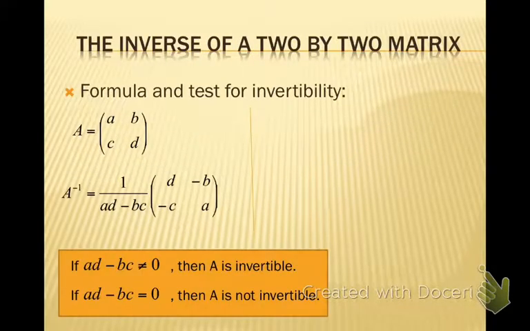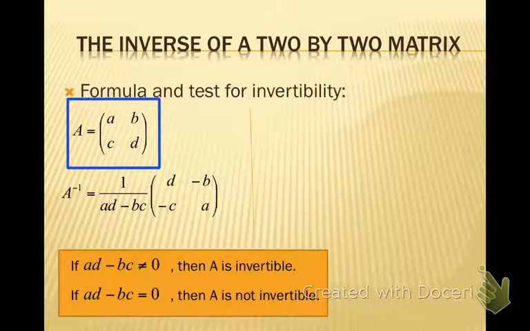On this slide, we see the formula for the inverse of a 2 by 2 matrix. If we have a matrix A, B, C, D, its inverse is given by the following. Notice that part of this, which is 1 over AD minus BC, is a special part.